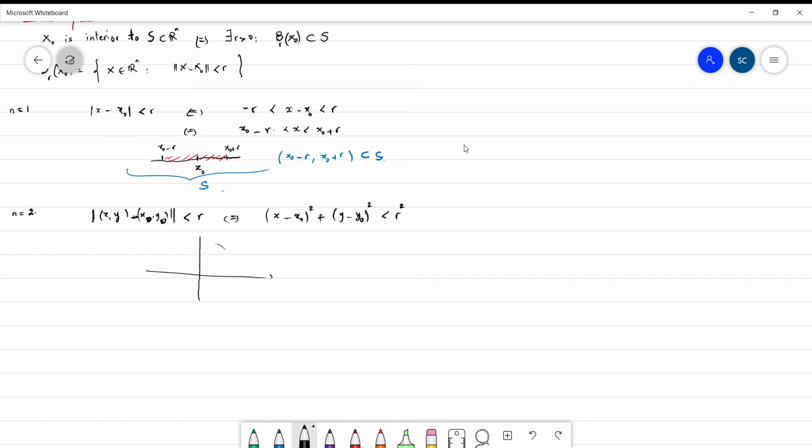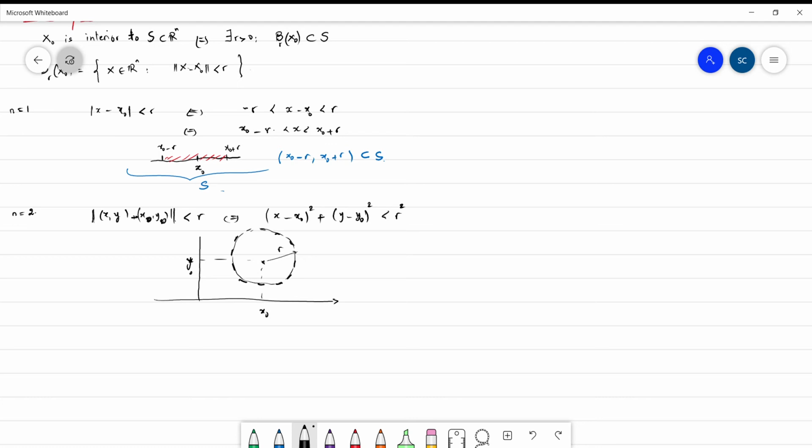So let's erase here. Suppose we have our point x0, y0 here, the center. You will see it's a circle with radius r. Suppose this is my distance r. So this is the circle with distance r centered at (x0, y0).